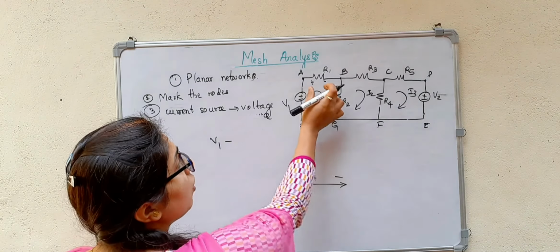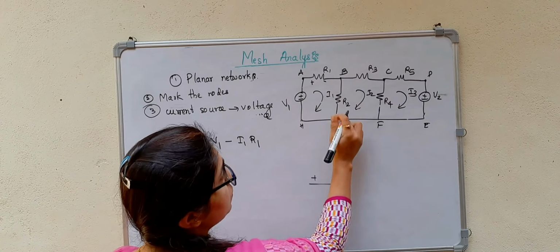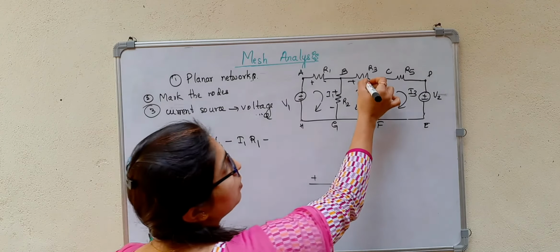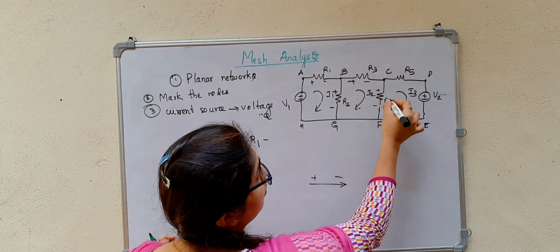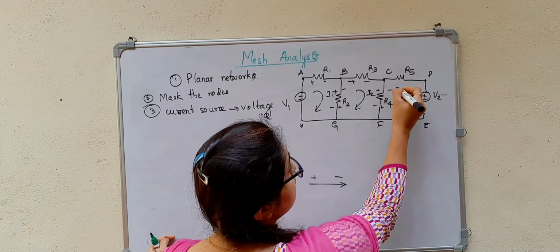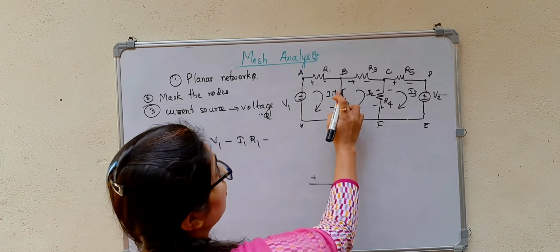So this can be written as I1 into R1. Next, when we come through this, again it is plus minus. First write down the drop sign. V1 we got to know.